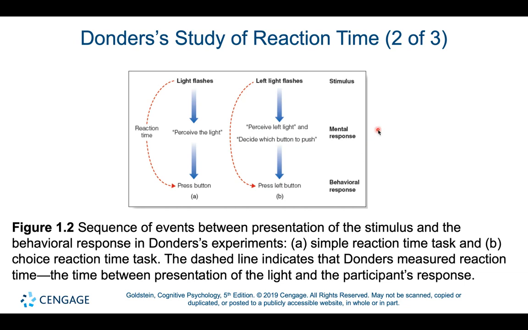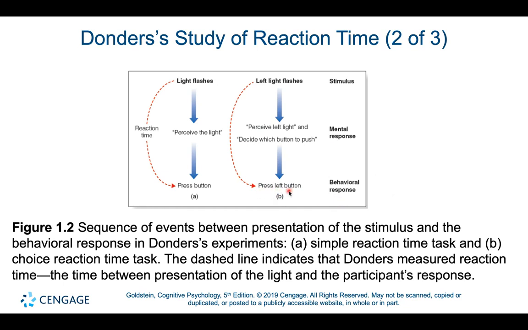But notice, and here we go back to one of our fundamental questions about cognitive psychology, I can't directly measure the mental response yet. It's 1868, right? We have no brain imaging. We can't directly measure anything that's going on inside of the brain in real time while someone is alive. So all that we're left with is a behavioral response, a button press.